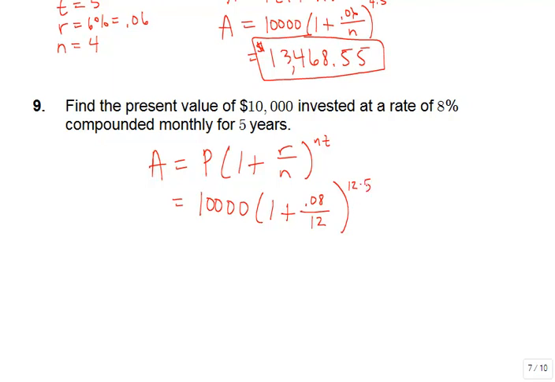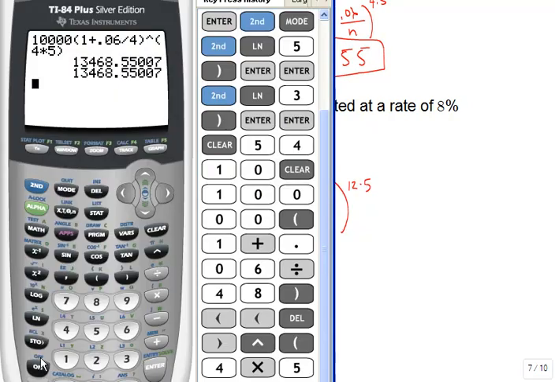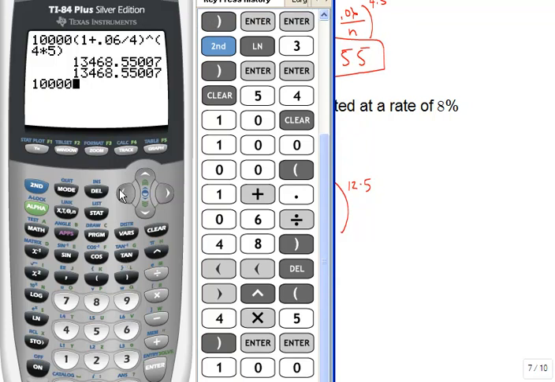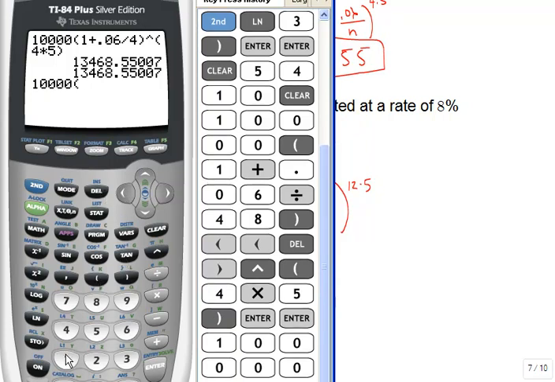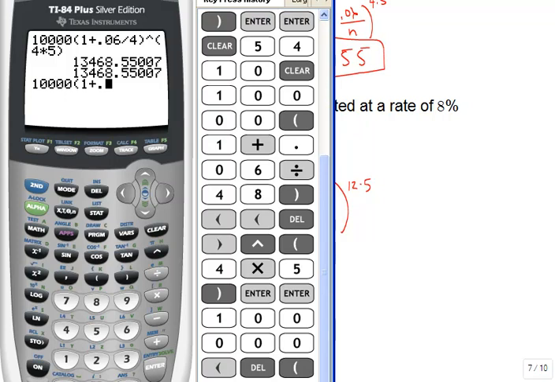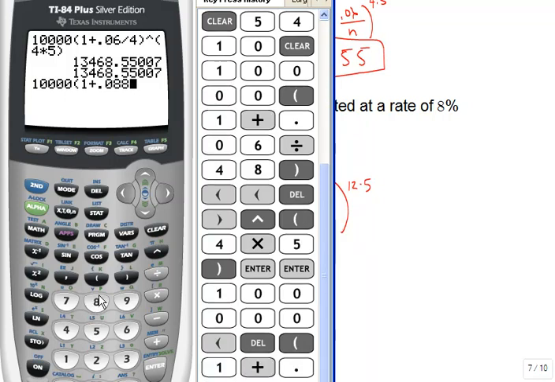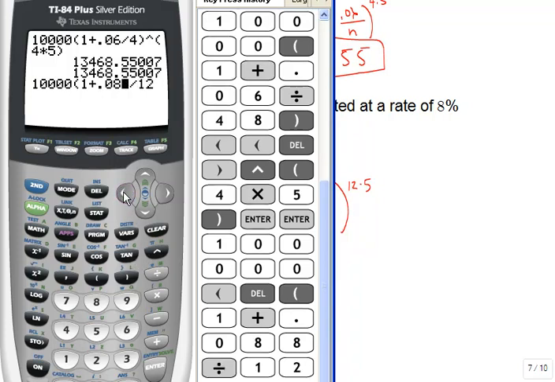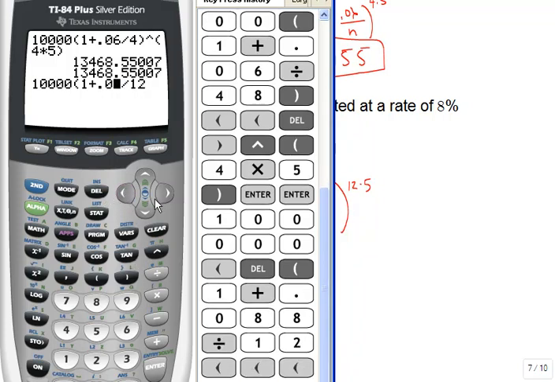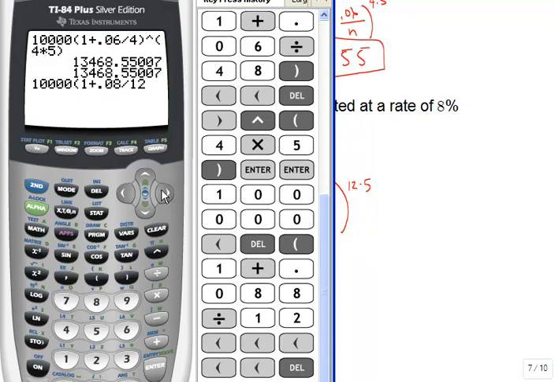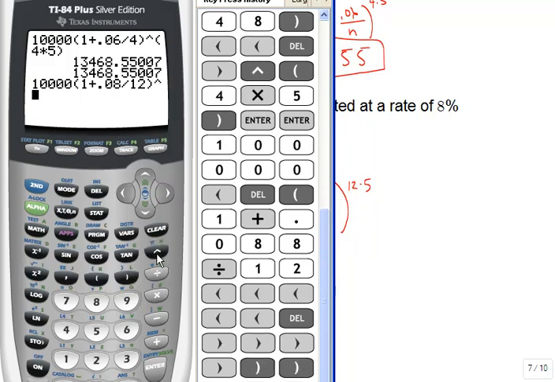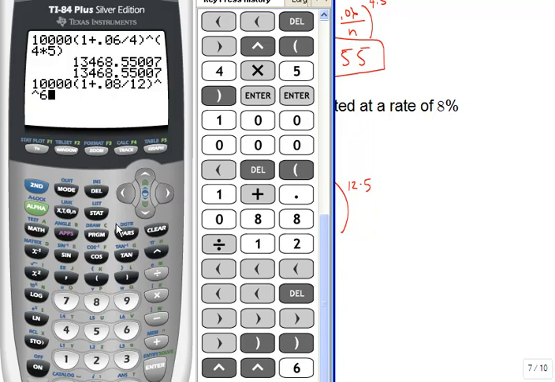So in my calculator, we're going to type in 10,000, parentheses 1 plus 0.08 divided by 12, raised to the 12 times 5, which is 60.